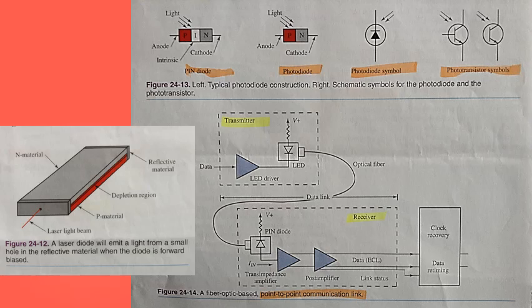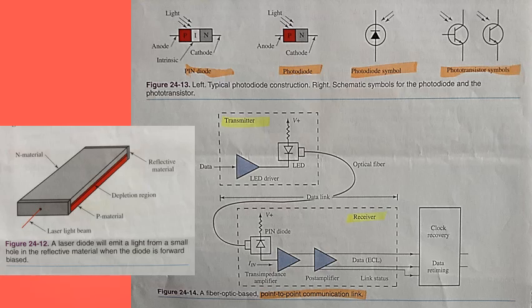The circuit shown in figure 24-14 on the bottom of your screen is a typical transmitter and receiver. The transmitter is a simple LED and an LED driver. The receiver consists of a PIN diode, a transimpedance amplifier, and a post amplifier.